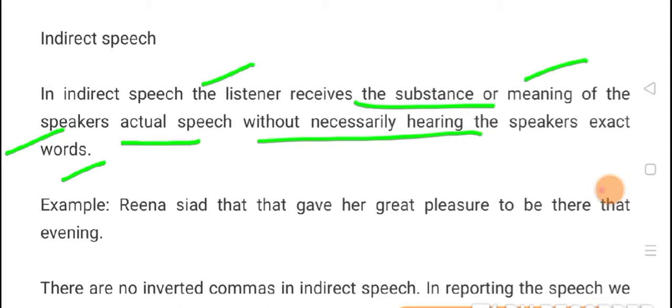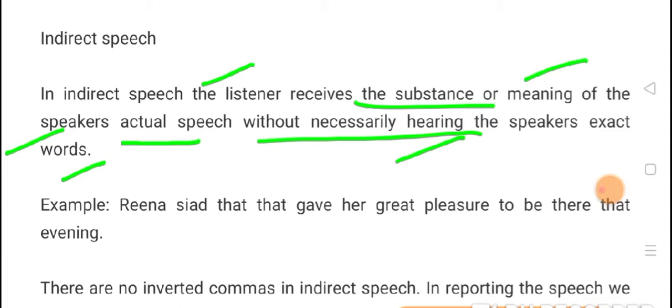That might not be the exact word of the speaker. There might be some addition. So in indirect speech, the listener receives reported information without necessarily hearing the speaker's exact words.